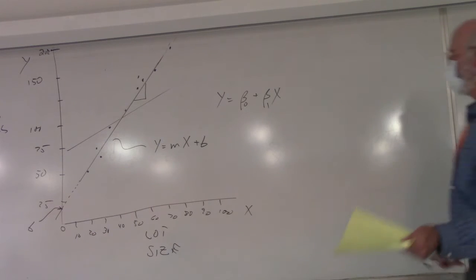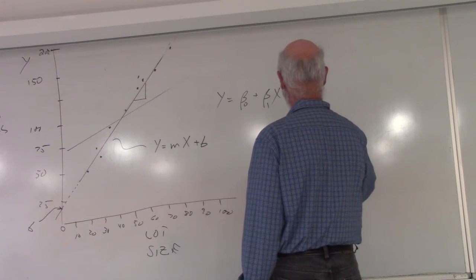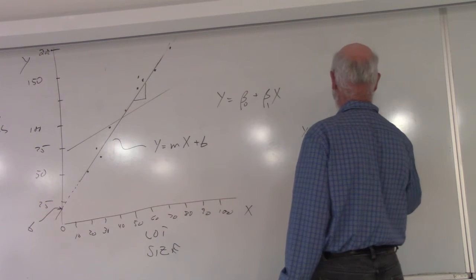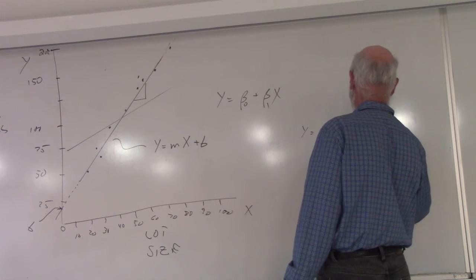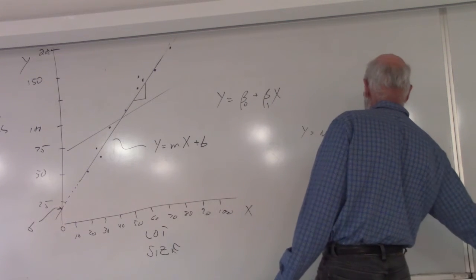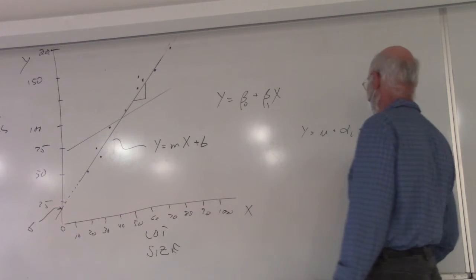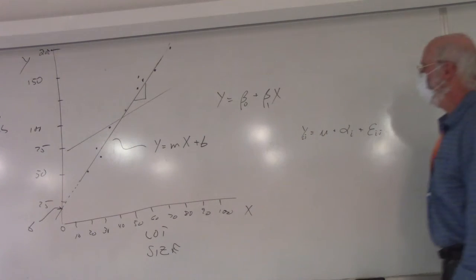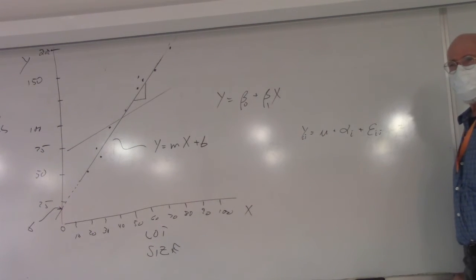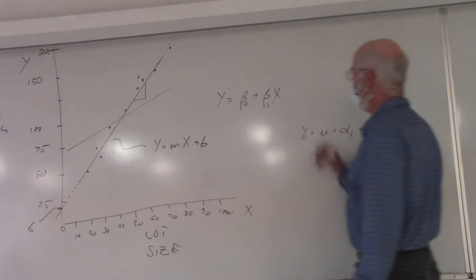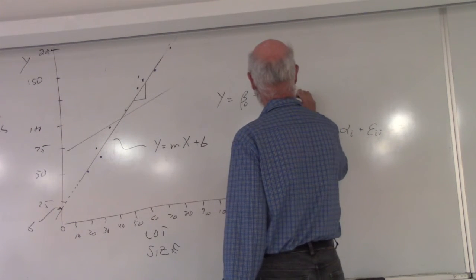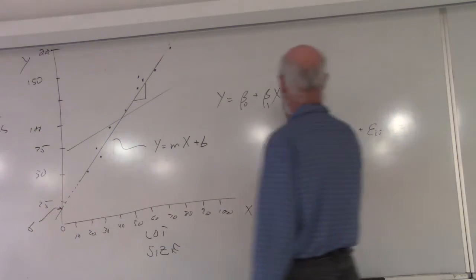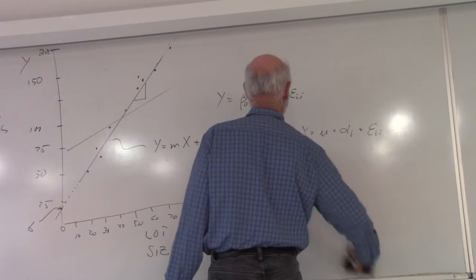So let's see, in ANOVA we did y equals mu plus alpha i plus epsilon ij. Actually, it's y ij, alpha i, there, okay? You see a similarity? Yeah, so I need to add plus epsilon ij.